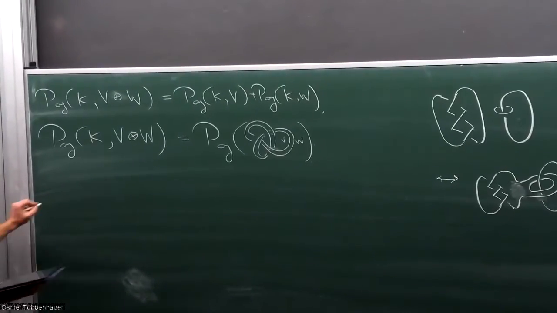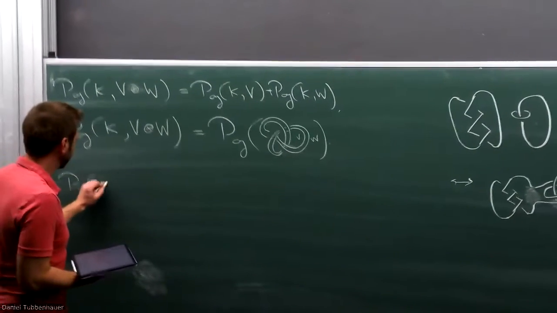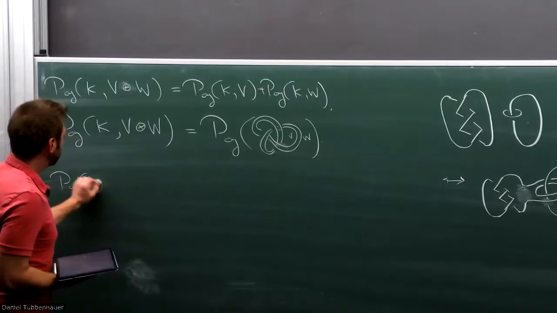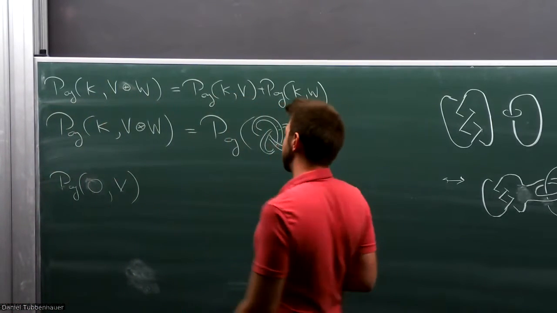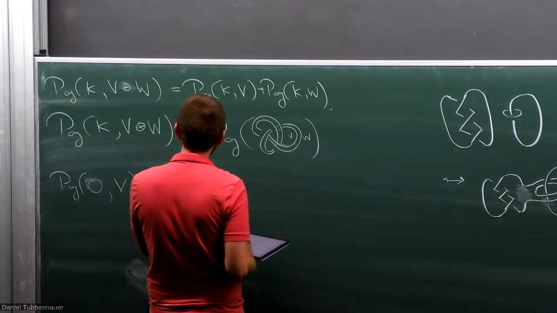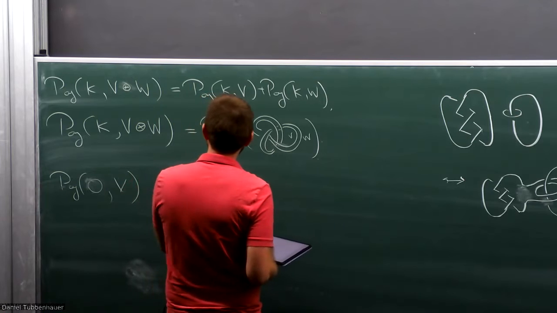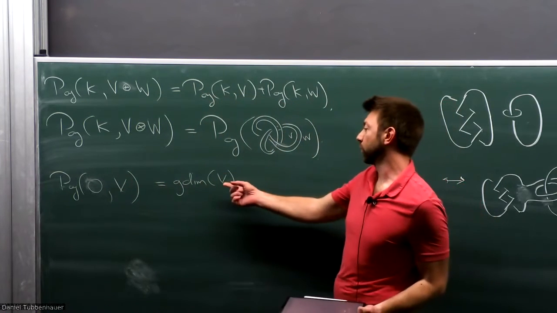And just one more little property that is kind of interesting. If your knot is the unknot, then the corresponding invariant is some kind of dimension, maybe a quantum dimension, of that representation. So again, this is another slight lie.